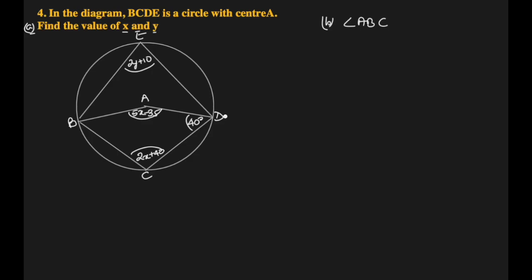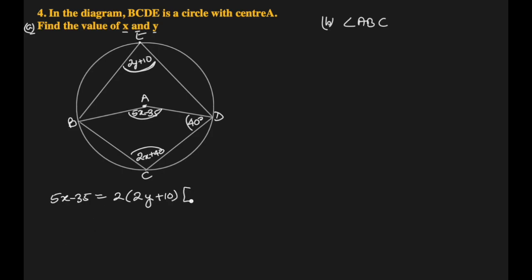Now we know in circle theorem that the angle from an arc BD at the center will be double the angle at the circumference. So we will write here angle 5x minus 35 will be double 2y plus 10, right?